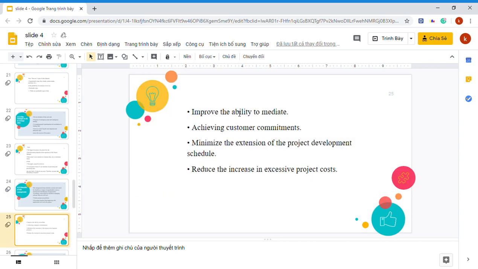It improves the ability to minimize the extension of project development schedules and reduce the increase in project costs.